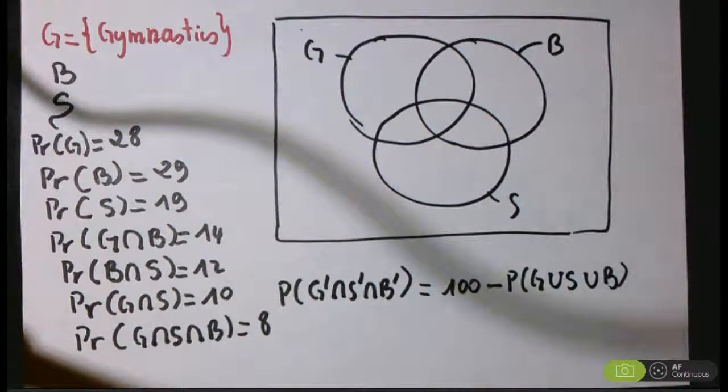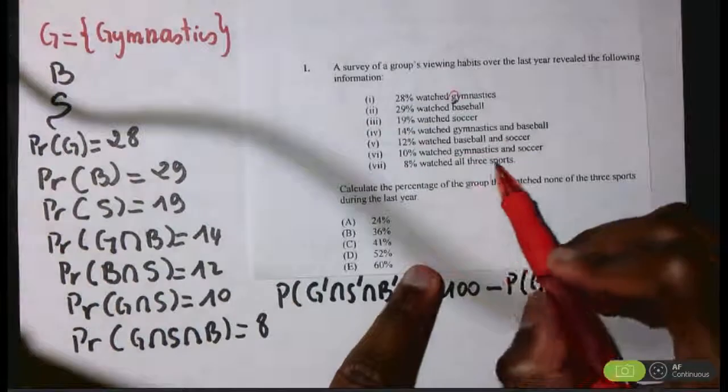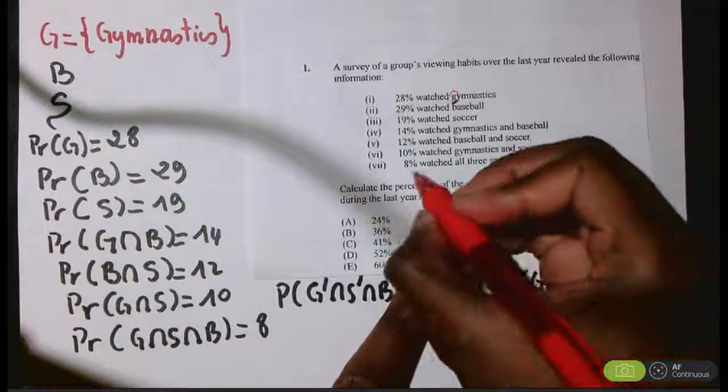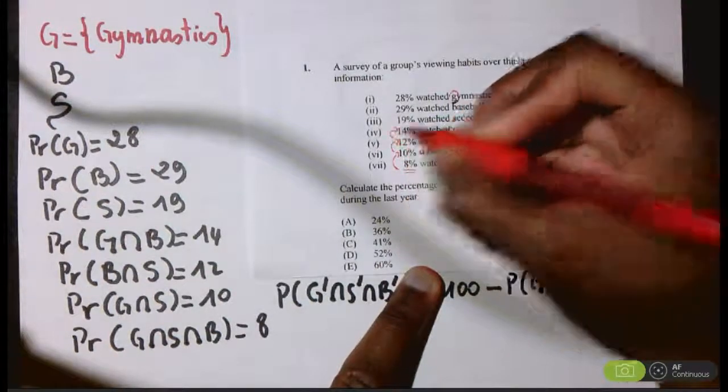The trick here is to start with the last event, the percentage of all three, and then work outward.